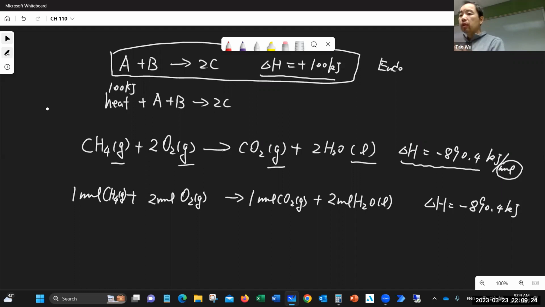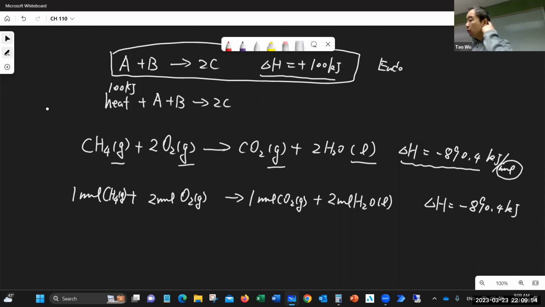You can use the moles of each species and figure out how much heat they produce. For example, 1 mole of methane in this equation produces that much heat. How about 2 moles of methane? That's stoichiometry, right? The ratio is 1 mole producing that much, so 2 moles of methane just doubles that. That makes sense, right?